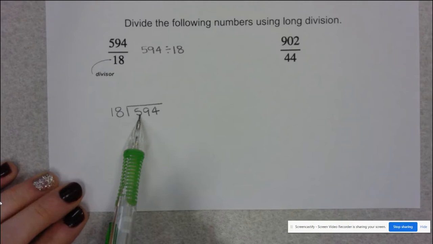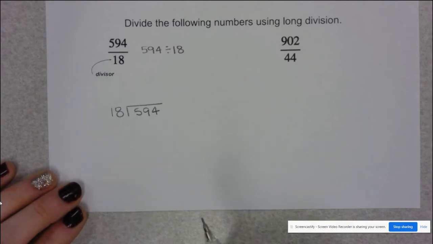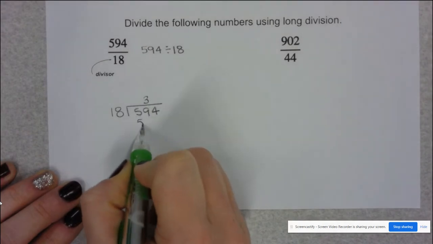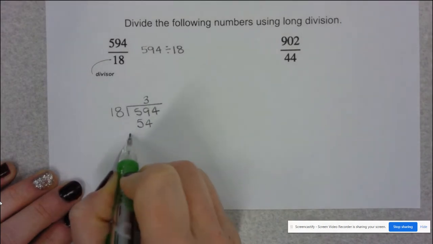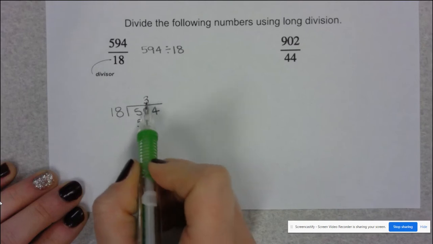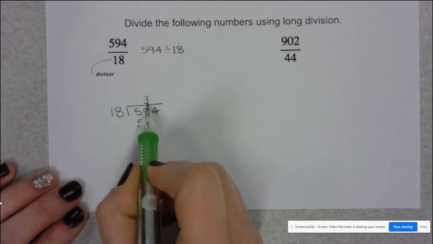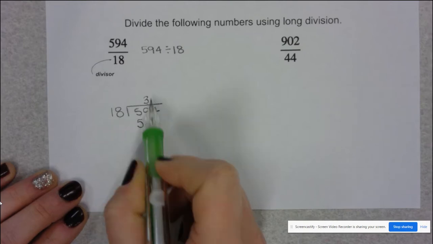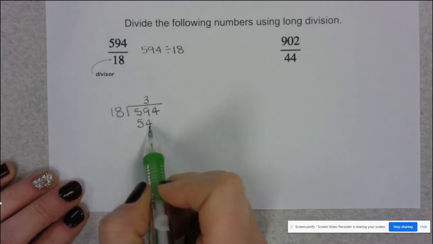So 3 18s would give me 54, and that's as close as I'm going to get. So I am going to put 3 as my value for the tens place. I'm going to multiply 3 by 18, gives me 54.